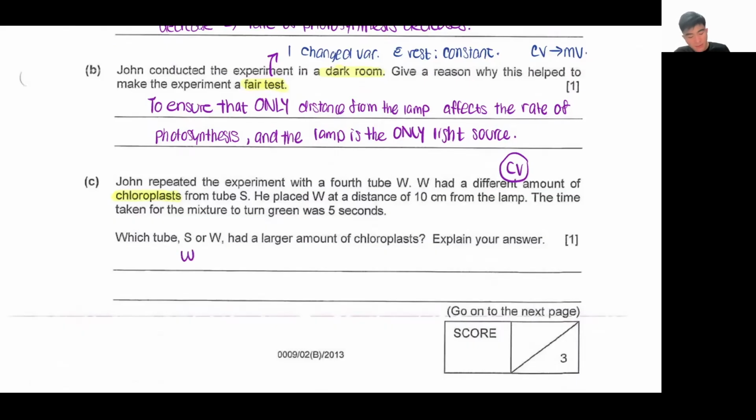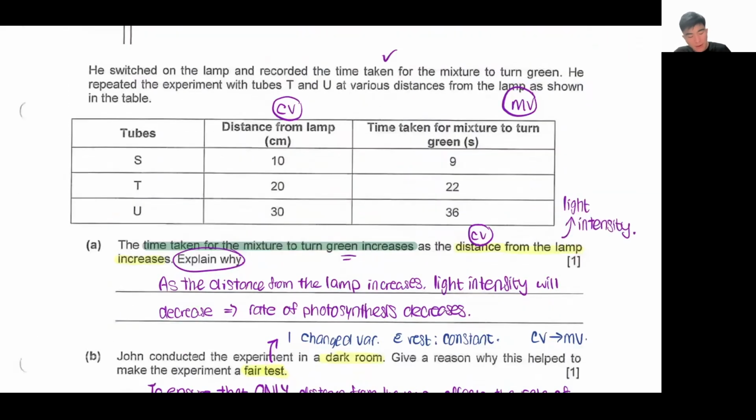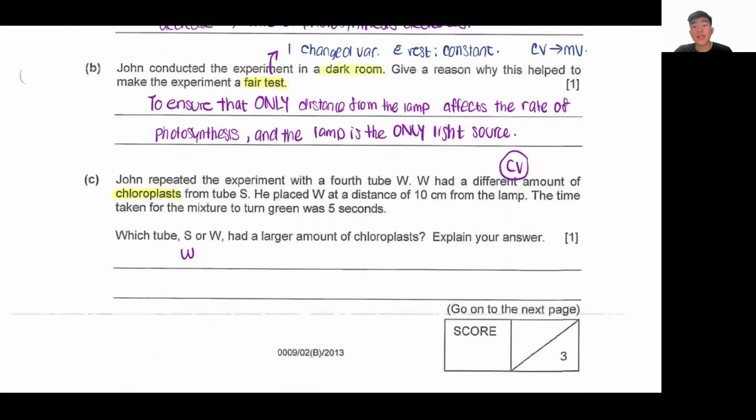Why? Because if you look at the data over here, comparing with S, S has an amount of chloroplasts that requires 9 seconds to turn green. But if you have more chloroplasts, it will turn green in a shorter time. So W had a larger amount of chloroplasts, since the time taken was shorter.